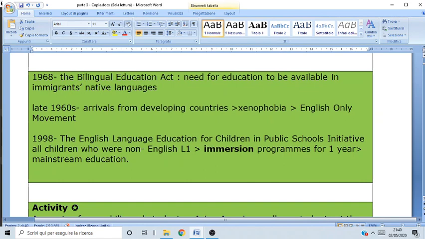Fast forward to the world after World War II, and leaping forward toward the 1960s, 1968 actually. There's this new act, the Bilingual Education Act, according to which subjects were to be available in the immigrants' native languages.